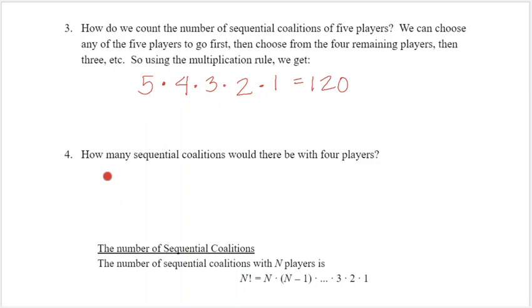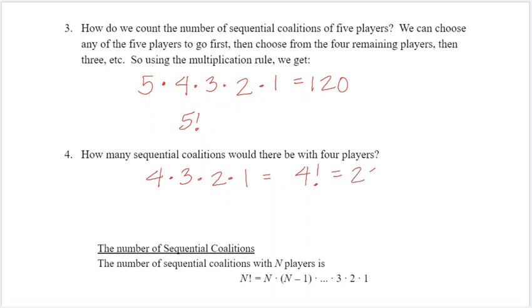What about with 4 players? Well, you start off with 4 options for the first player, 3 options for the second, 2 options for the third, and 1 option for the fourth. And you might remember that this is 4 factorial. This previous one is 5 factorial, where you start with a number and you multiply by every number less than that number all the way down to 1.